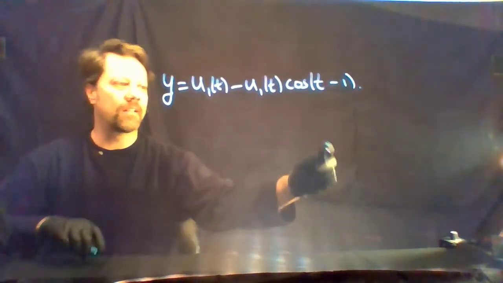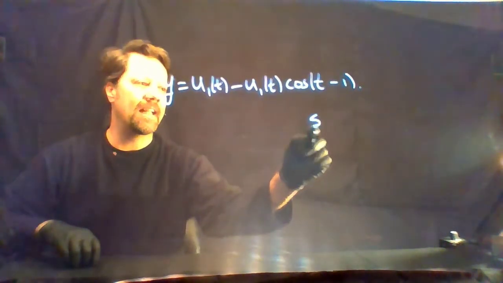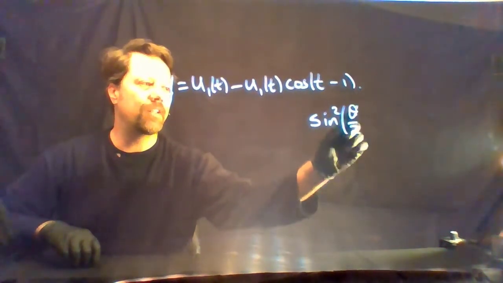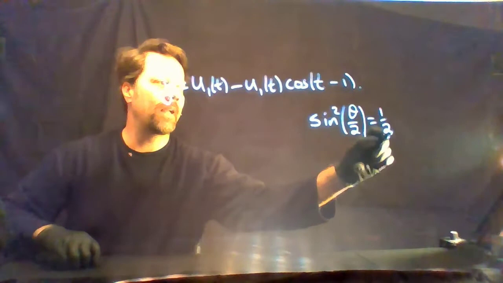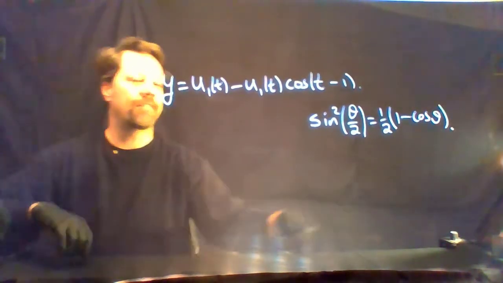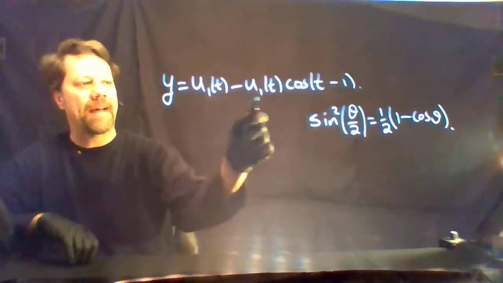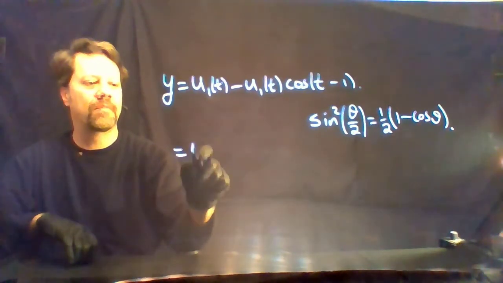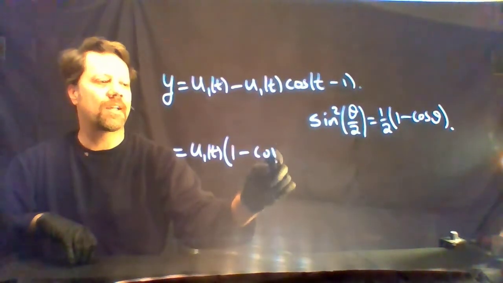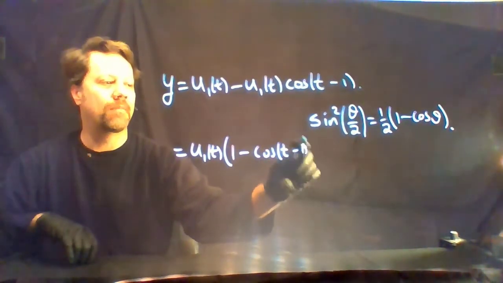And in particular, in reference to the identity sine squared of theta divided by 2 is 1/2 times 1 minus cosine of theta. If we factor u_1 of t out, we'll have 1 minus cosine of t minus 1.